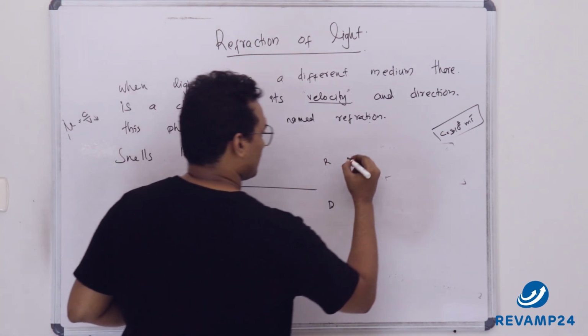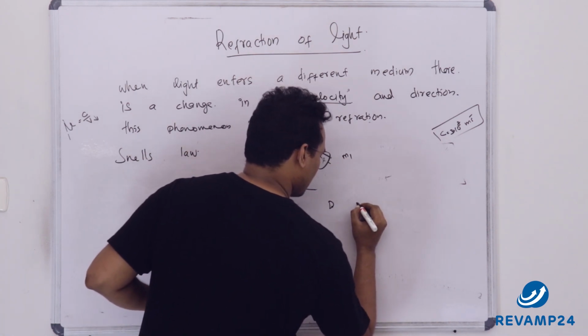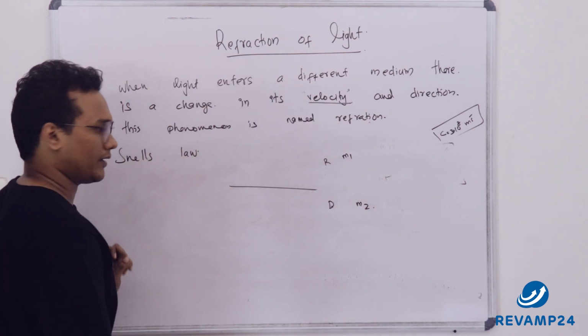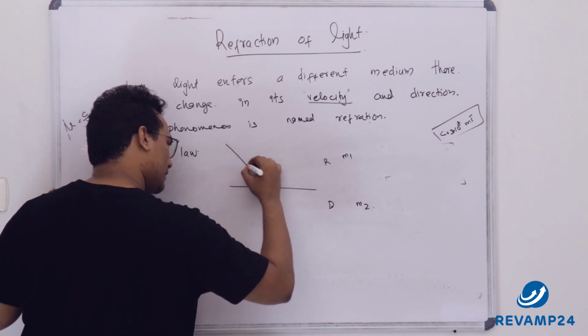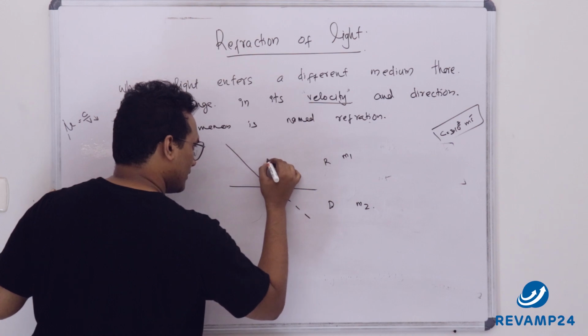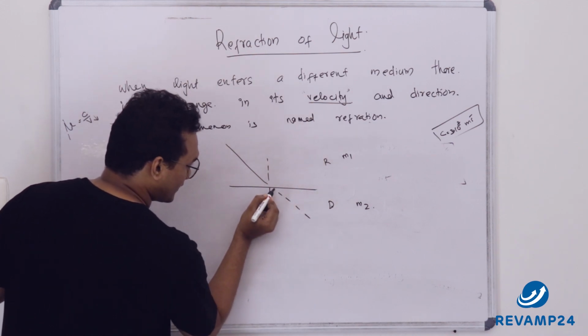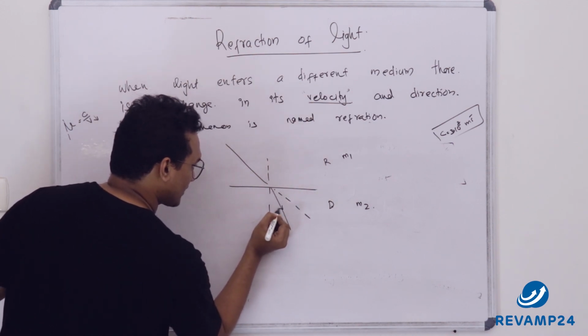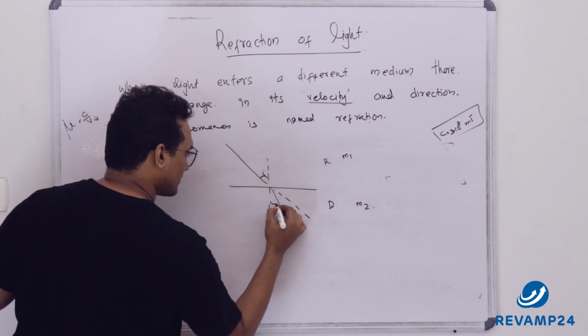Rarer medium means medium 1, denser medium means medium 2. Now a light ray is coming in this direction; it was supposed to move in this direction, this is the normal, but after refraction it will move in this direction. So this is I, this is R.